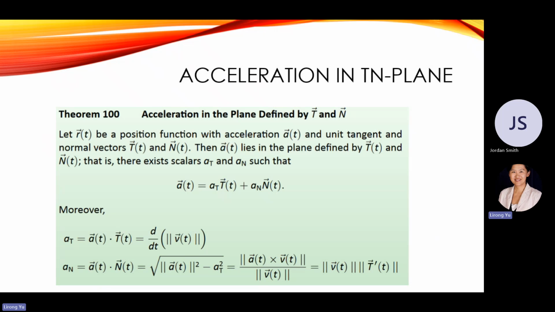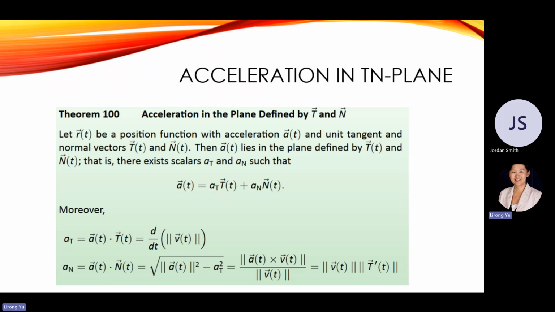Now, a_N can be calculated by, originally on the previous page, a dot N. This can also be calculated as the square root of the magnitude of a squared minus a_T squared, because a_T, a_N, and a form a right triangle.